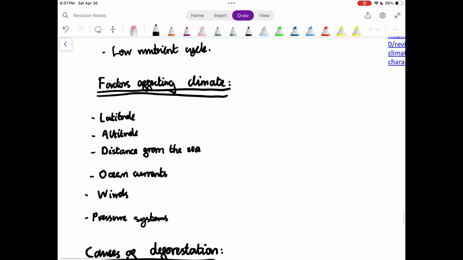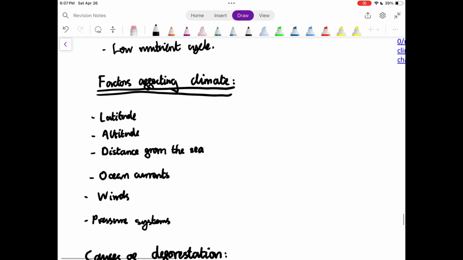Okay, so now we're going to be looking at the factors that affect climate. First, we're going to be looking at latitude.